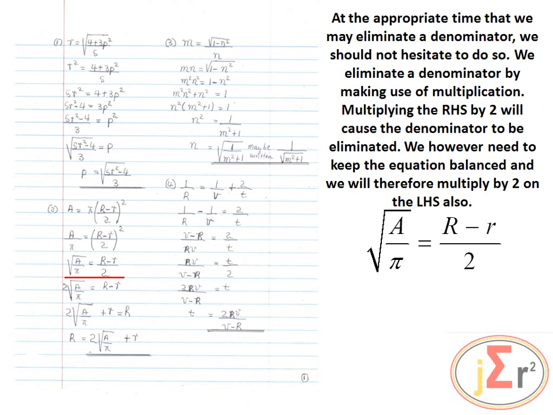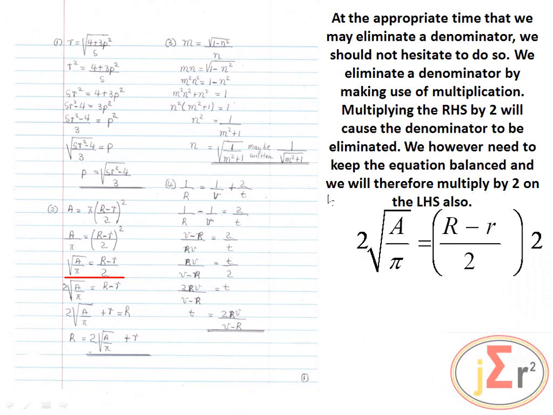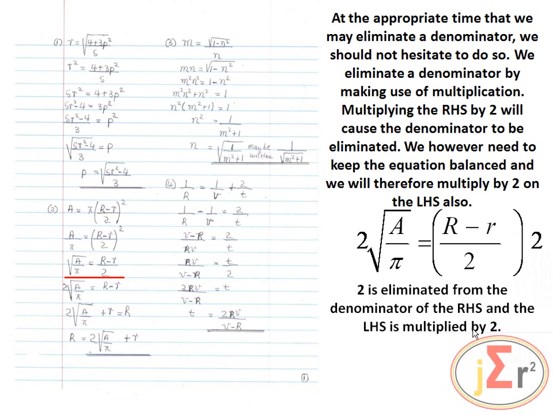We, however, need to keep the equation balanced, and we will therefore multiply by 2 on the left hand side also. So multiply both sides by 2, eliminating 2 from the right side, and then we will have 2 multiplying on the left hand side.